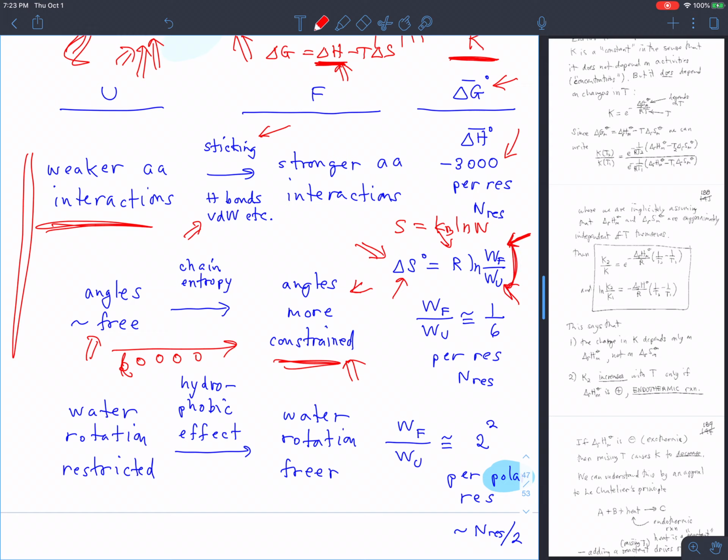And we're going to take these numbers of microstates to be for just one residue. In the end, we're going to multiply this delta S by the number of residues.